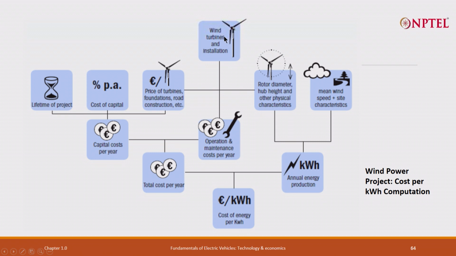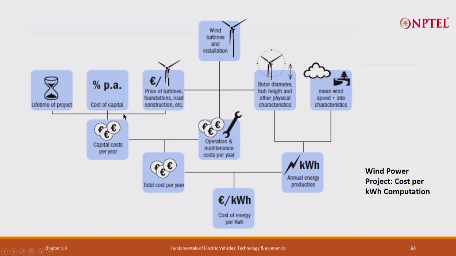From this wind turbine and installation, you will have to calculate the operation and maintenance cost, the actual cost, price of turbine, foundation and road construction. From there you derive per annum cost, using depreciation and interest, and from there you derive the lifetime total cost.